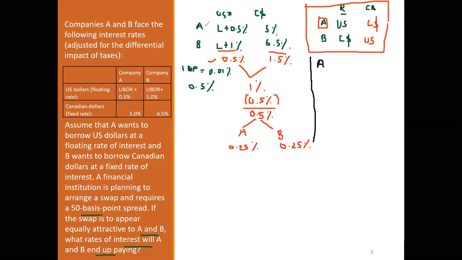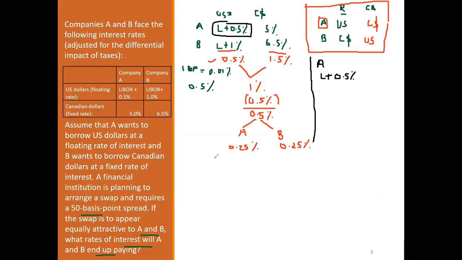If A goes to the US dollar market, the cost is LIBOR plus 0.5%. But now, rather than going directly, they're going for a swap where they can benefit.